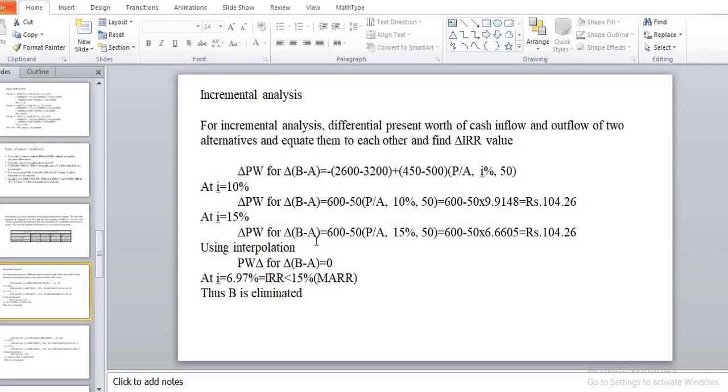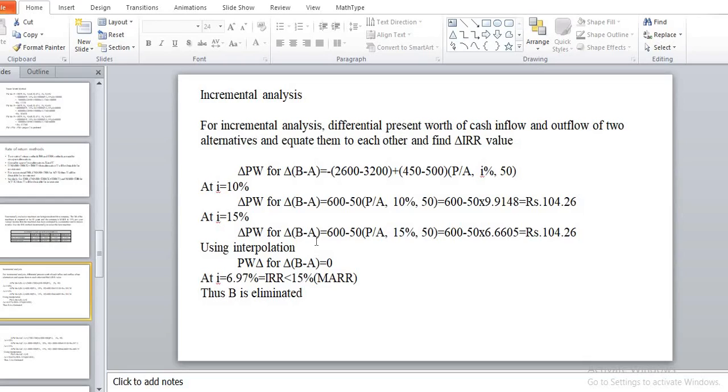Now we calculate the incremental present worth value for these projects. We first calculate the incremental value for projects B and A, using the same formula for present worth.